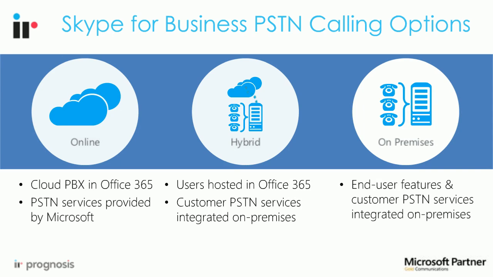You can, like I mentioned, however, have some users gain PSTN within the cloud itself via PSTN calling, depending upon the region. But if you are in a hybrid deployment and you're homed on premises, then the PSTN services are provided to you via your current on-premises Enterprise Voice deployment.